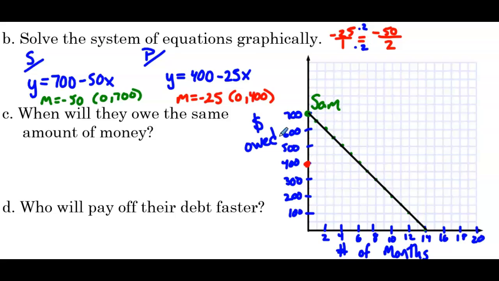I multiply the top and the bottom by 2. So that means to graph a slope of negative 25 using the scaling that we created, we're going to go down 1 box over 2. And that would be equivalent to going down half a box and over 1. Now down 1 box over 2, continue that pattern to get more points on the line.